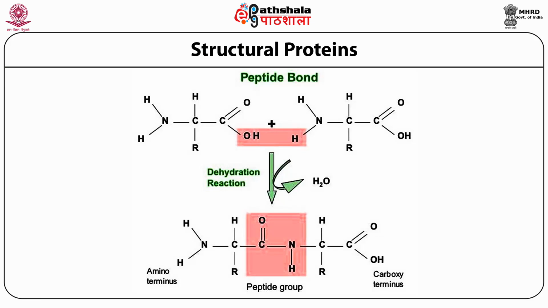The peptide bond forms between the acid group of one amino acid and the amine group of another amino acid, with elimination of water, a dehydration reaction, giving the NHCO bond, generally known as the peptide bond. That is, one acid group and one amino group combined together produce a peptide bond.